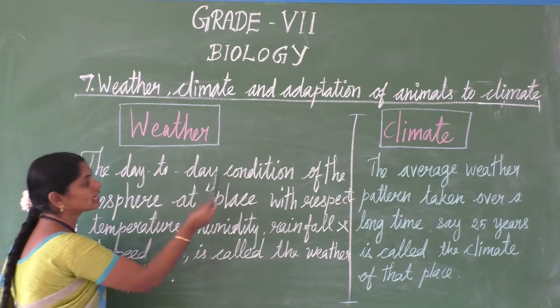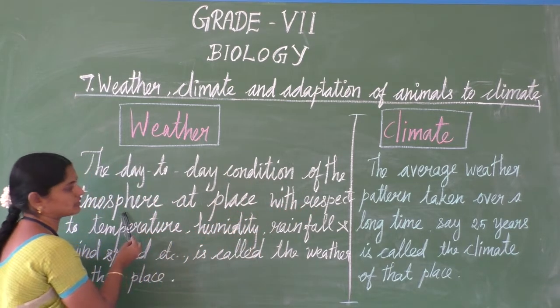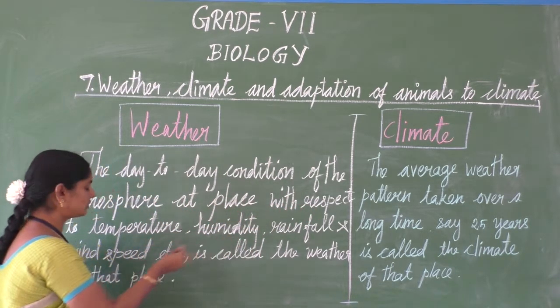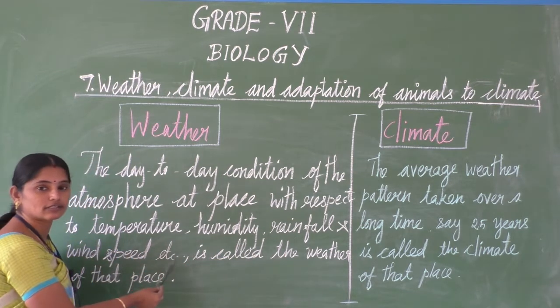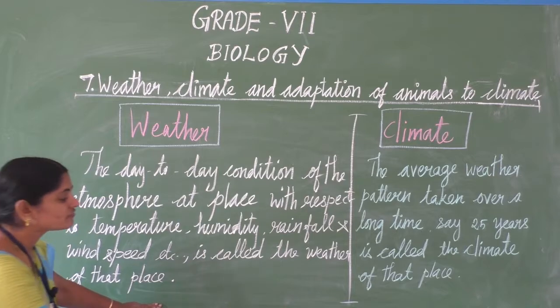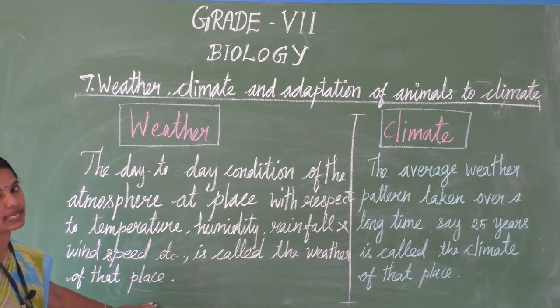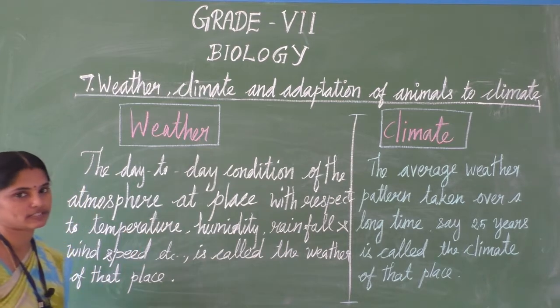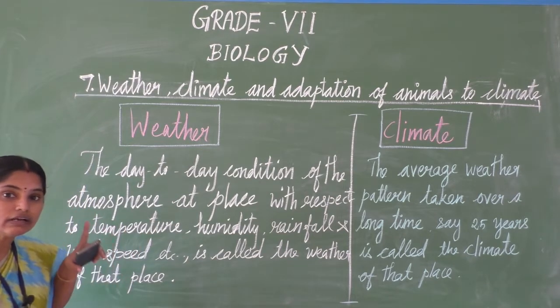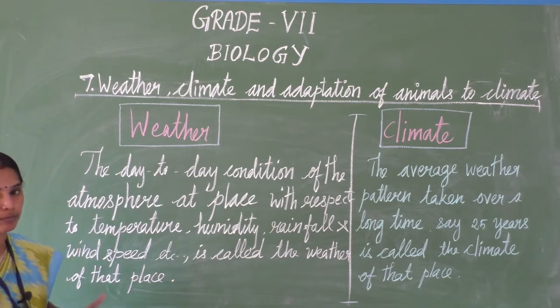The day-to-day conditions of the atmosphere at a place with respect to temperature, humidity, rainfall, wind speed, etc. is called the weather of that place. Okay, this is called weather of that particular place. One day report, weather report, particular day report.